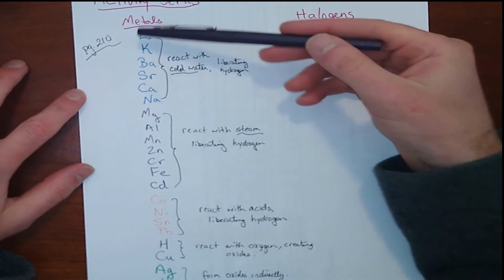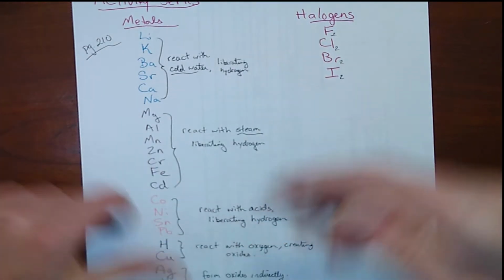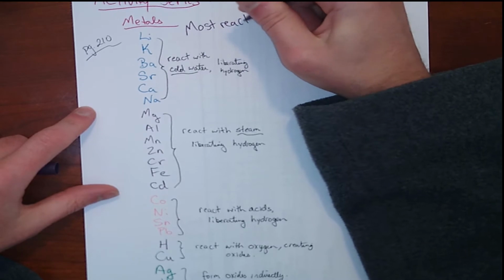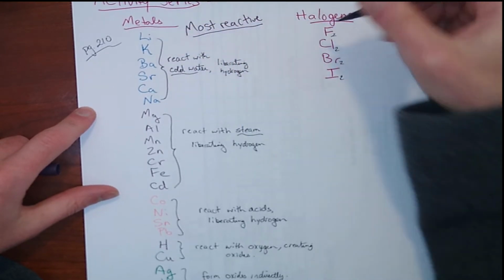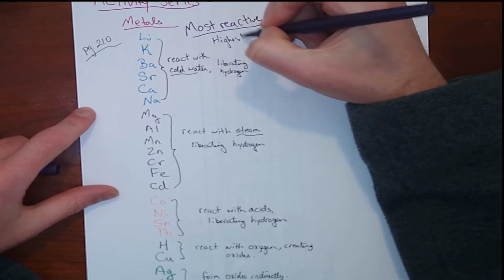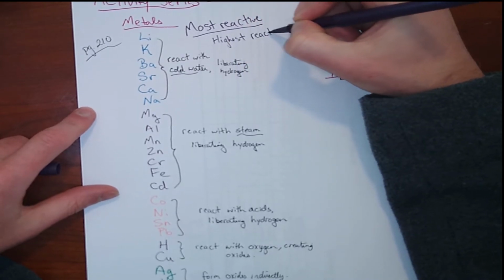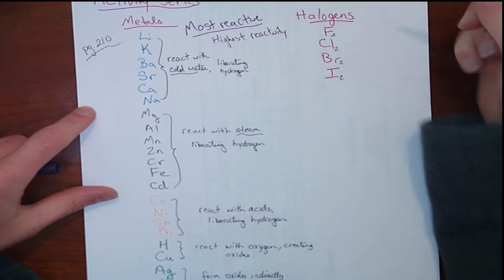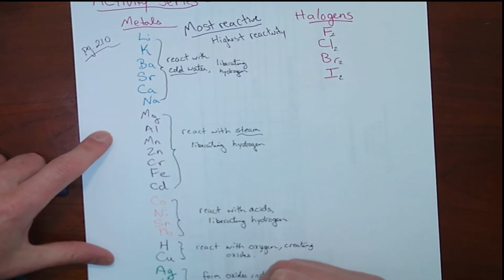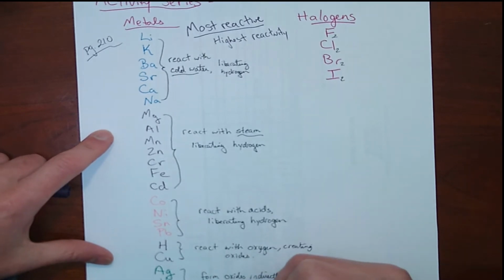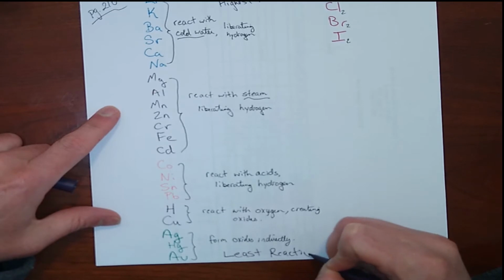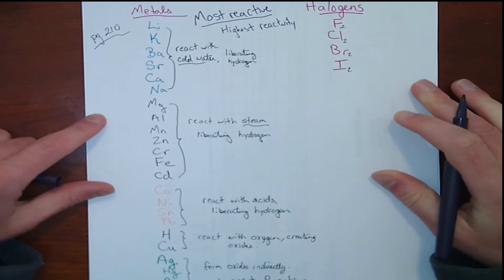So basically the series here is ordered from most reactive elements at the top, the ones that have the highest activity, that are most likely to cause a chemical reaction or to combine with something else, to least reactive down here at the bottom with the element of gold, actually.